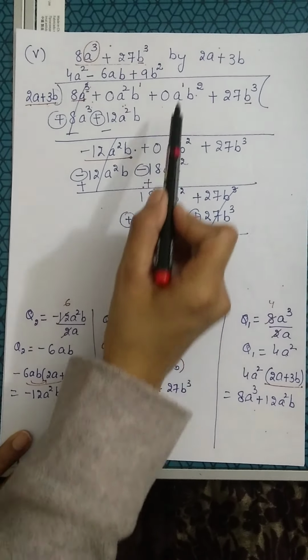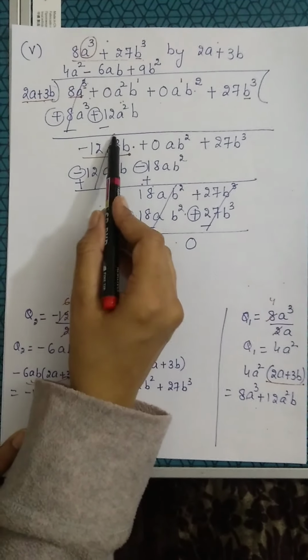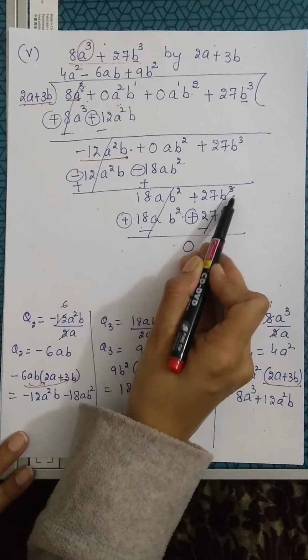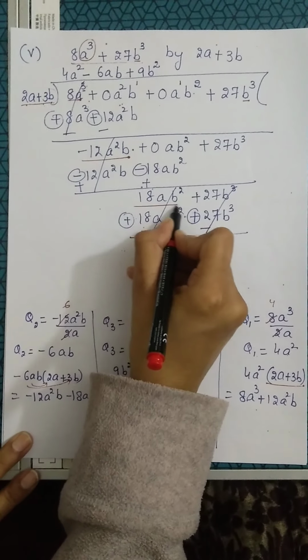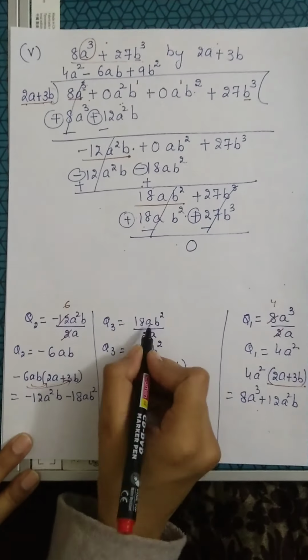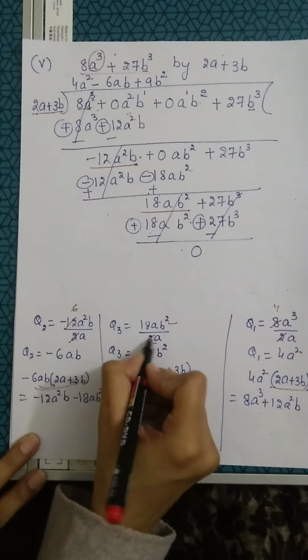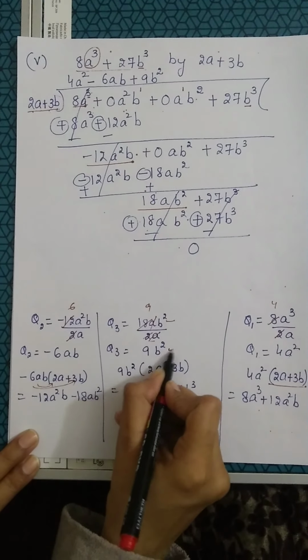When you simplify, you will get minus 12a square b minus 18ab square. So this is how we write like terms below like terms. After solving, this will be cancelled and I will get 18ab square plus 27b cube. In order to find quotient 3, first term of the dividend which is left here is 18ab square. So this will be divided by 2a. What do we get? 9ab, 9a and a is also cancelled, 9b square.